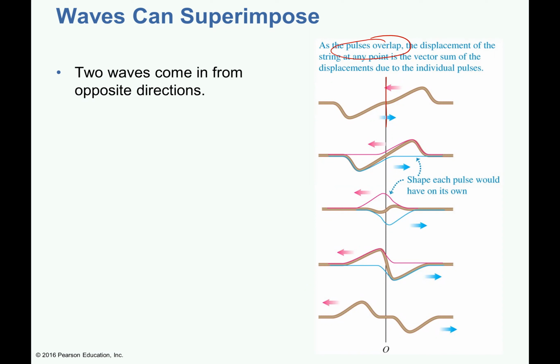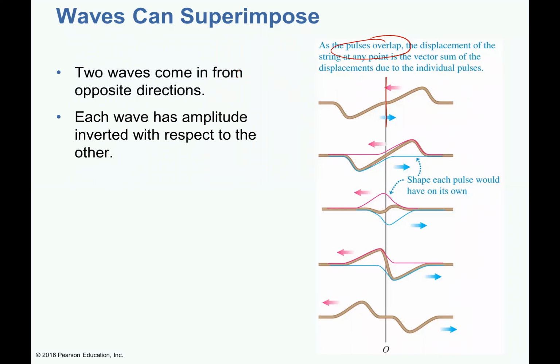That means waves can overlap. So two waves coming from opposite directions, each wave has amplitude inverted with respect to the other. Let's say, for example, this is +2, this is -2. So positive amplitude on the right, negative amplitude on the left. Both waves are moving toward each other.